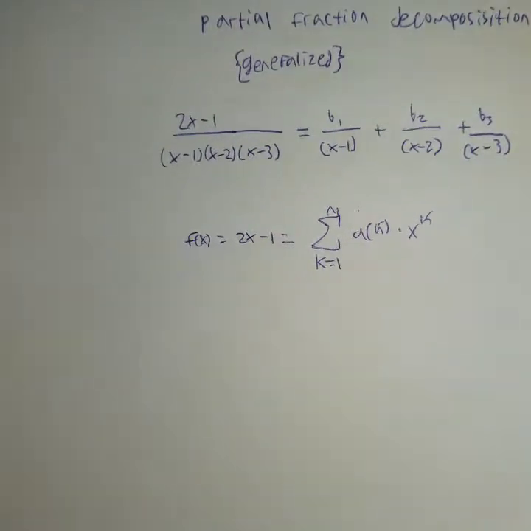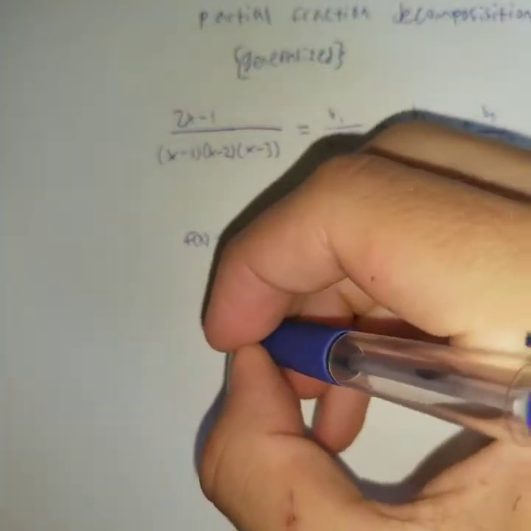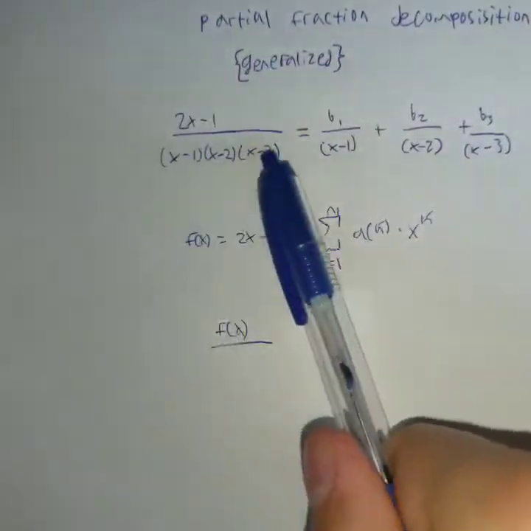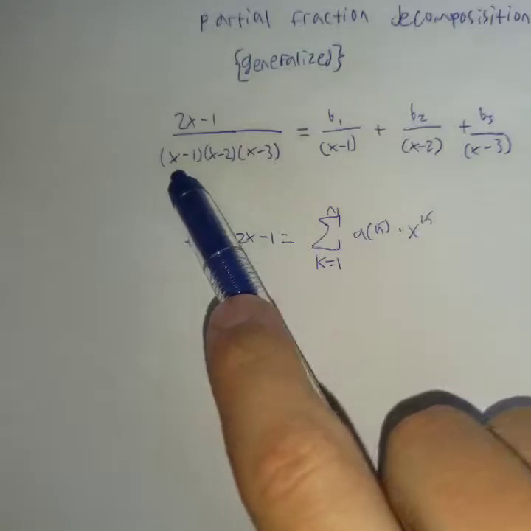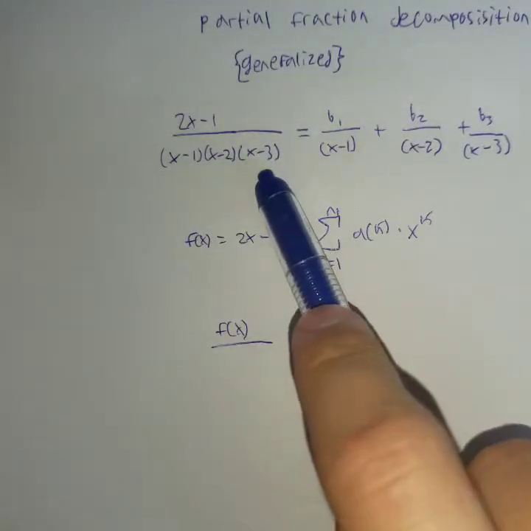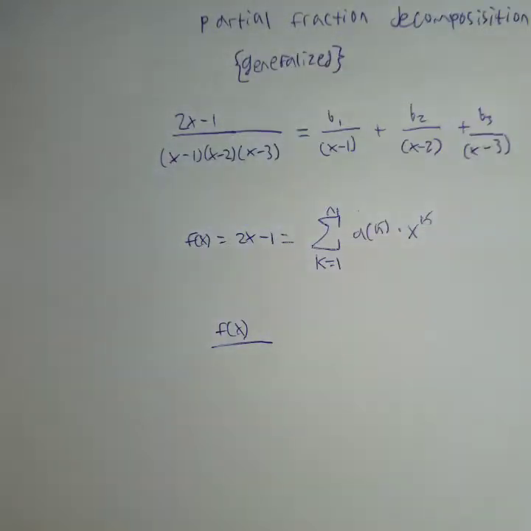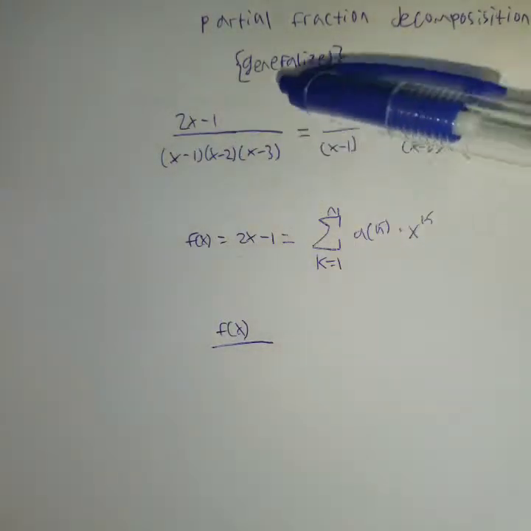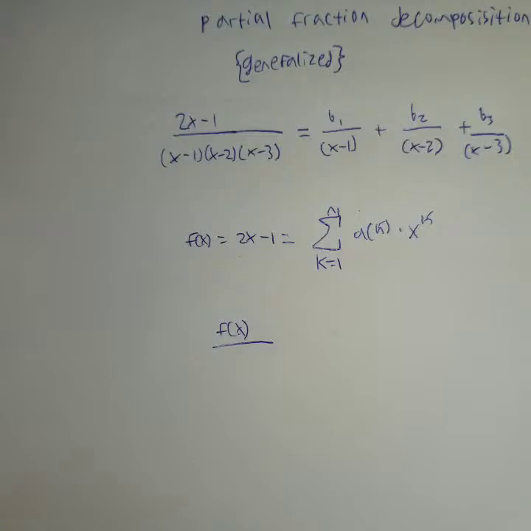Now with that out of the way, we just write this as f of x over what's on the bottom. We have a product of all these factors, and as Black Pen Red Pen specified, you can't have a power here since it's hard to find the zeros of the power, and I'm going to show you why later.